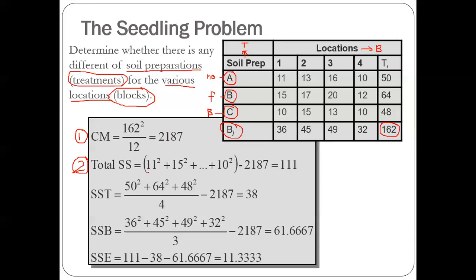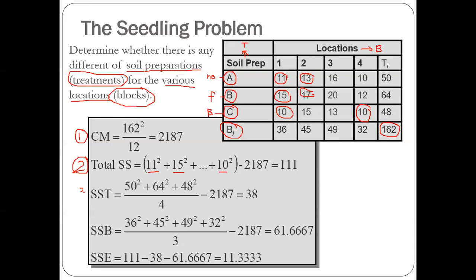It starts with 11 squared, plus 15 squared, plus 10 squared, plus 13 squared, plus 70 squared, and you plus all these values until 10 squared, and then you minus the value of CM, that is 2187, then you will get 111.